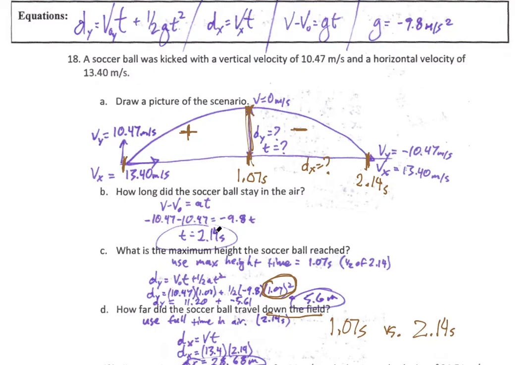Well, careful with which velocity we're using. It's the 13.4. The only reason I used 10.47 before was that's when we were talking about things in the y direction. But now I'm talking about something in the x direction, and 13.4 goes with the x direction. Or velocity at 13.4 meters per second goes with the x direction.